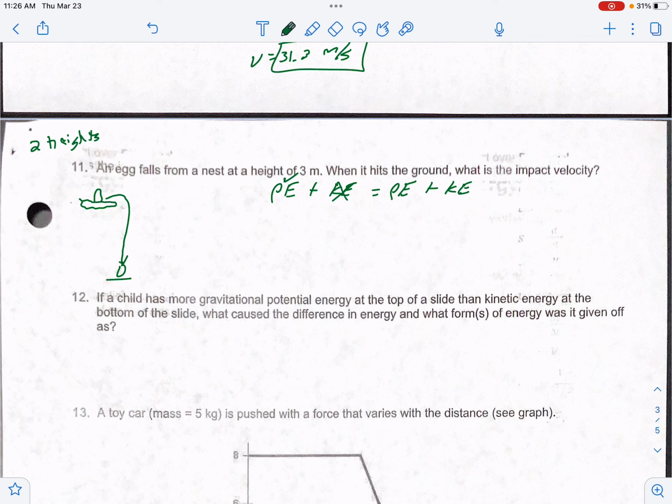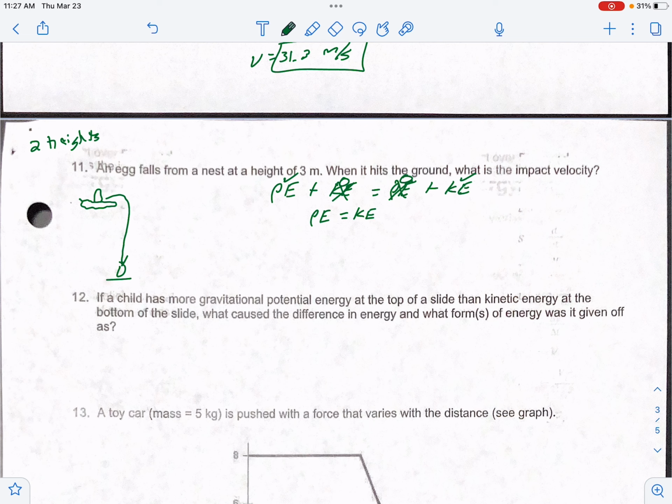So that means we can mark out kinetic energy. That's going to be 0. Now, once it falls and it hits the ground, potential energy goes to 0 because now it no longer has height. So when it hits the ground, it is purely kinetic. Therefore, we can set those equal to each other. Potential energy in the nest equals kinetic energy when it hits the ground.